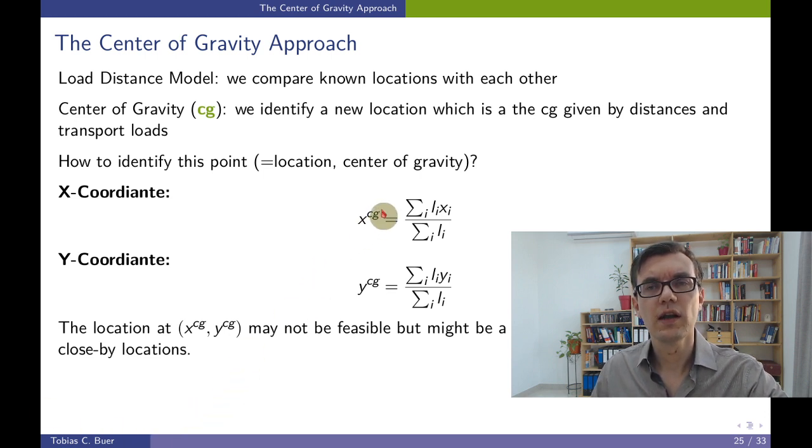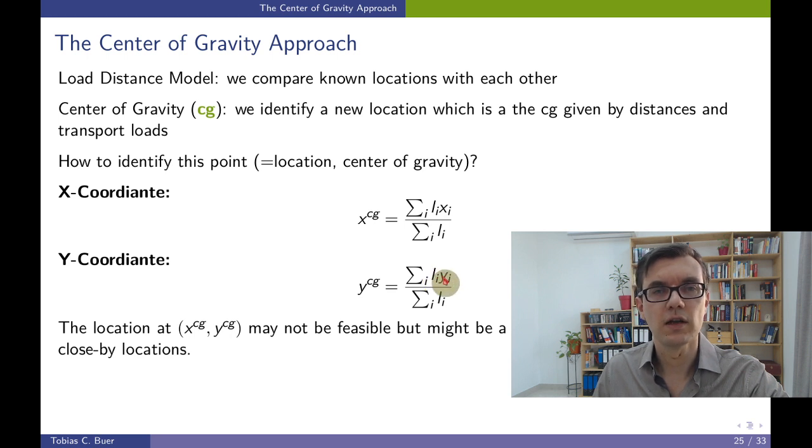So the coordinates that we calculate in the center of gravity approach are, for the x coordinate, we multiply all the loads that we need to transport to our customers times the coordinate of this customer, the x coordinate. And we repeat the same for the y coordinate: the load that we need to transport to a customer times the y coordinate.